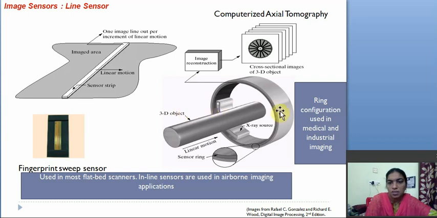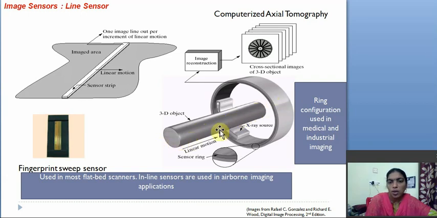Now see this, have you seen this one? In hospitals we may observe this. Here there is a ring arrangement. The X-ray source is fixed here, and here is a bed, which is moving in this direction.